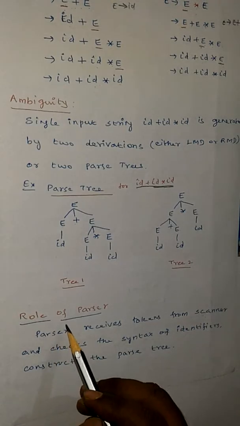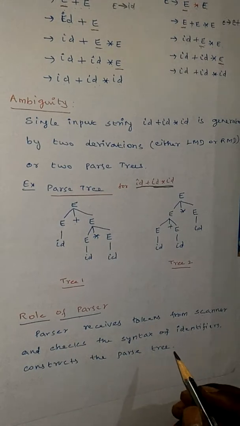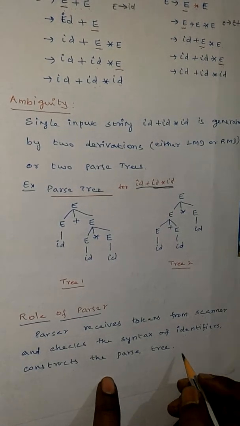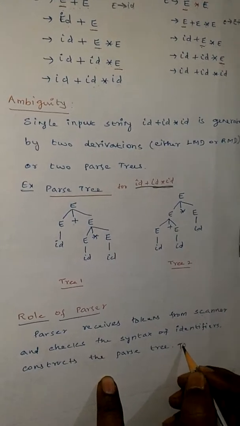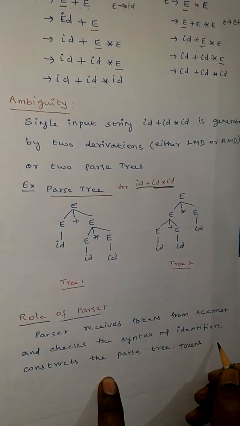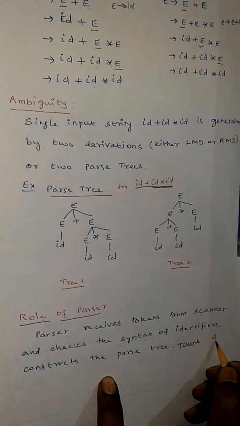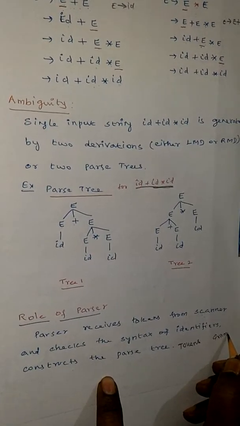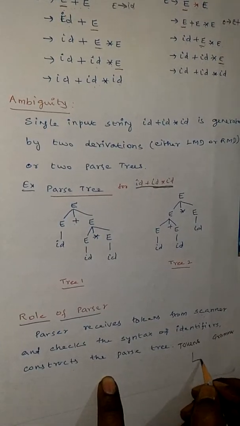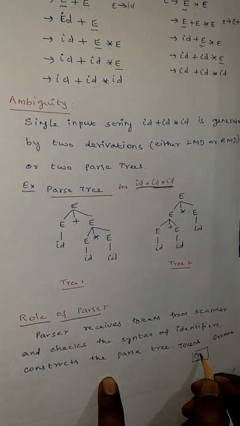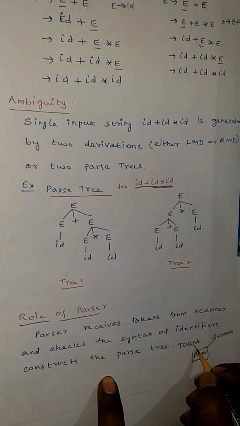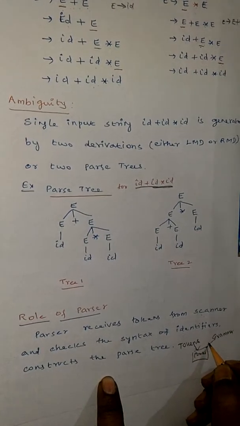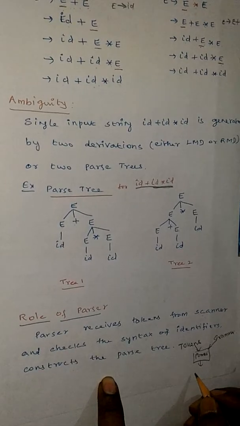So the role of the parser is to get the input from the lexical analyzer. The parser is generated from the grammar, receives the tokens from the lexical analyzer, and then it generates the parse tree.